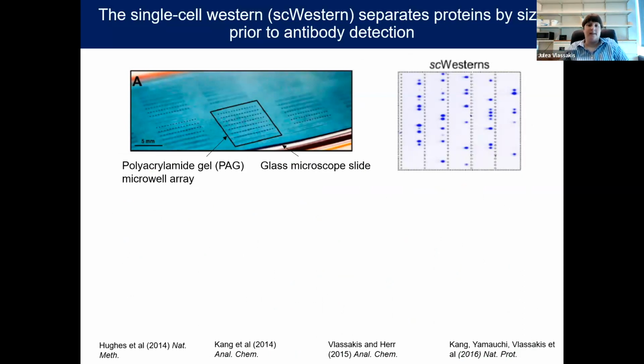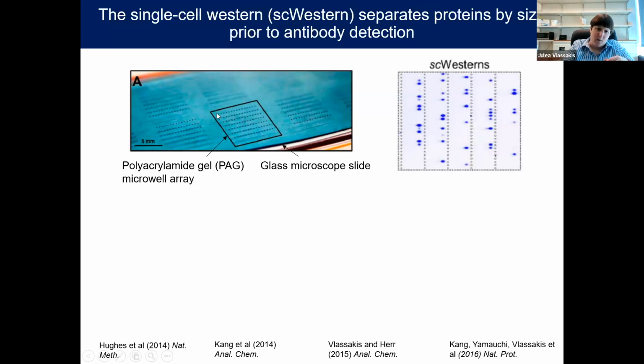Okay, so the single cell Western blot shares some features and some differences with the workhorse Western blot. So the format is very different from the gel used in standard Western blot. This is a polyacrylamide gel that's patterned on a standard glass microscope slide.